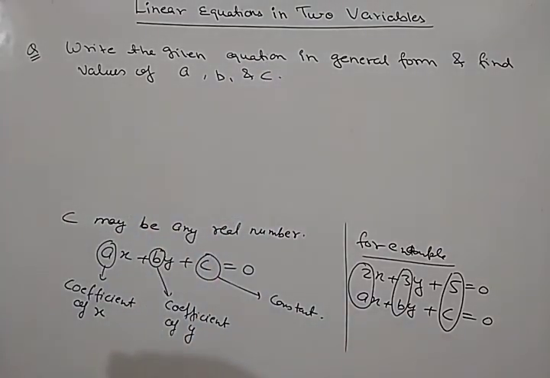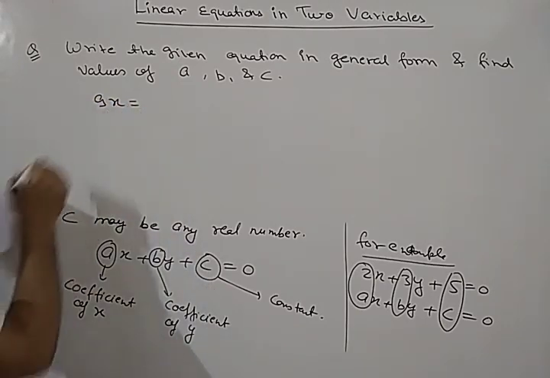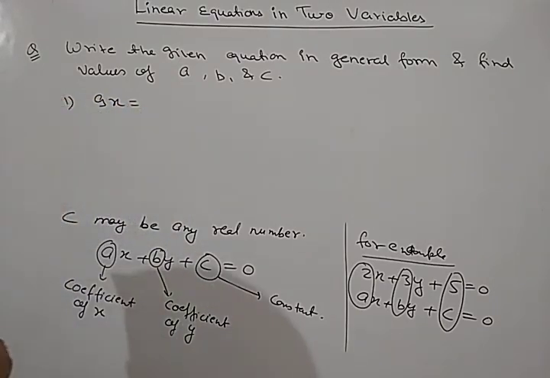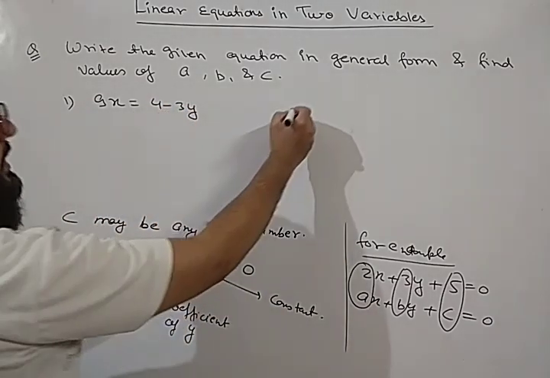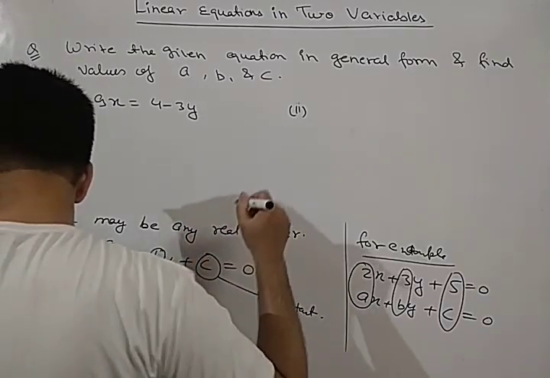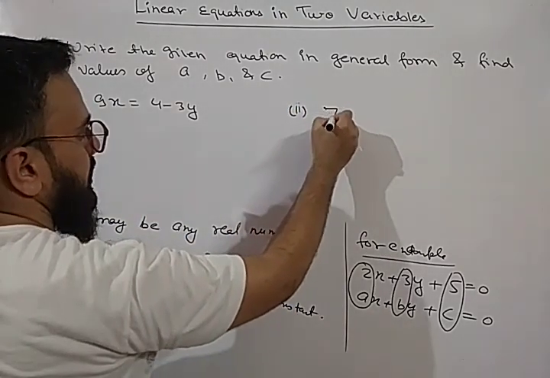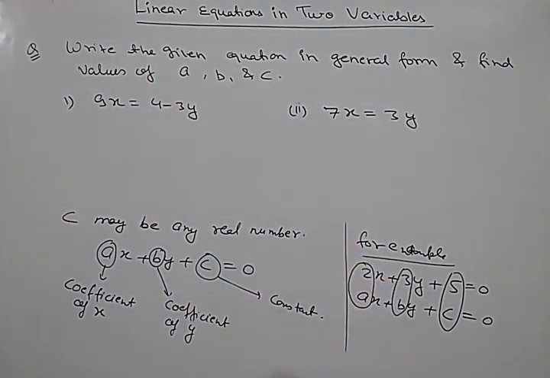Now the equation is given. First part, 9x is equal to 4 minus 3y, and the second part is given, 7x is equal to 3y. Okay, these two parts are given.